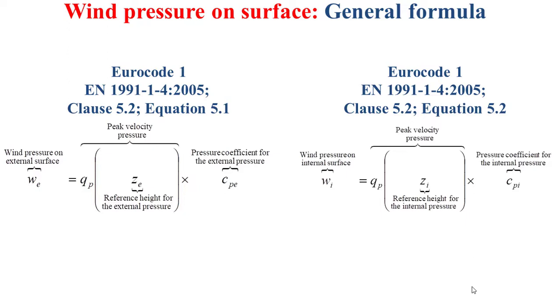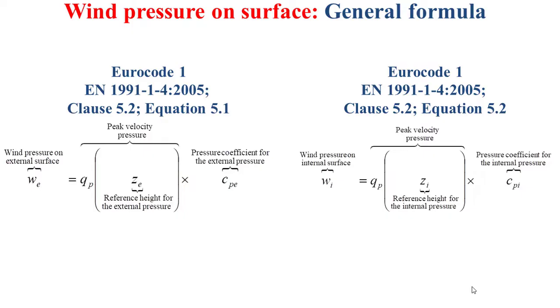In the same way, we can determine the wind pressure applied on an internal surface, denoted by WI, as the peak velocity pressure QP evaluated at a certain reference height for the internal pressure, denoted by ZI, multiplied by a certain pressure coefficient for the internal pressure, denoted by CPI.